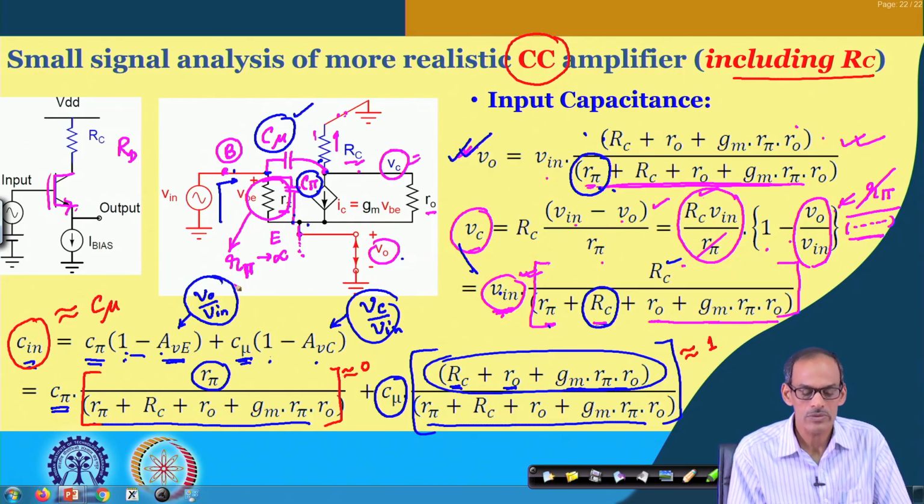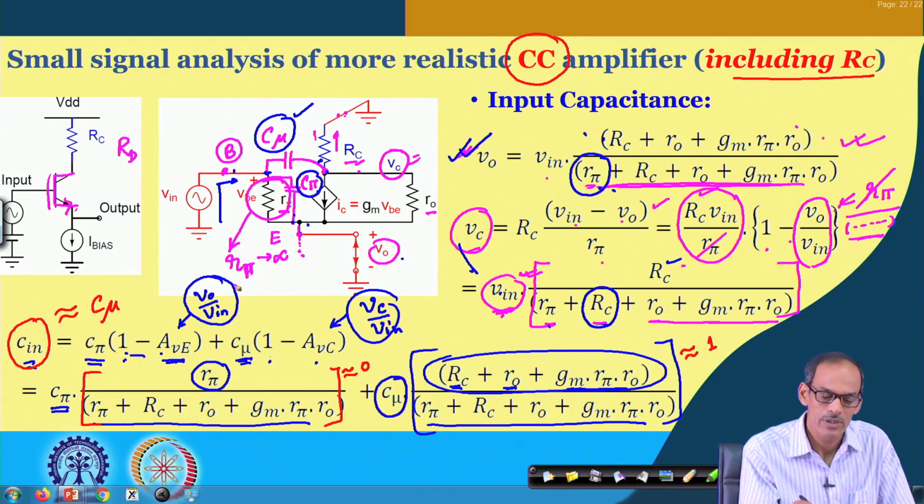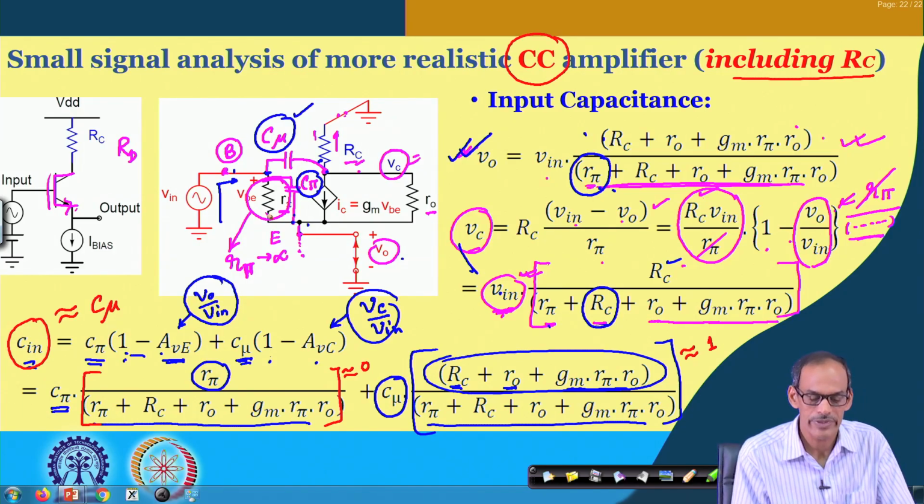So, this is how you can share the analysis across different types of circuit configuration, namely analysis from common collector you can propagate to common drain. Note that it is not possible the other way, because in the common drain circuit we do not consider this gate to source resistance.